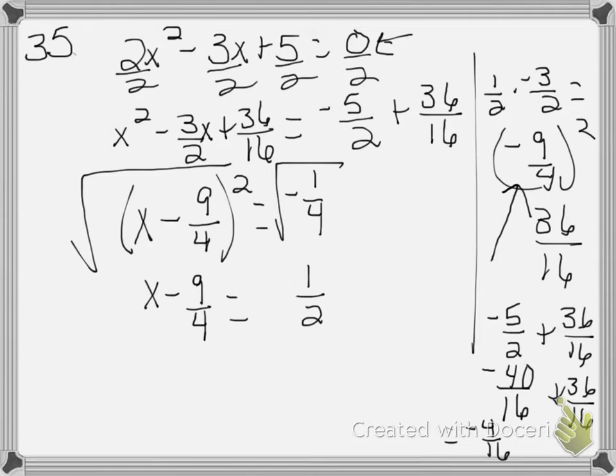And it's plus or minus. Now, you have to notice that when I go to add this, I'm going to have not the same denominator. So it might have been better to leave it as negative 4 over 16. So I'm going to go back and do that real quick.